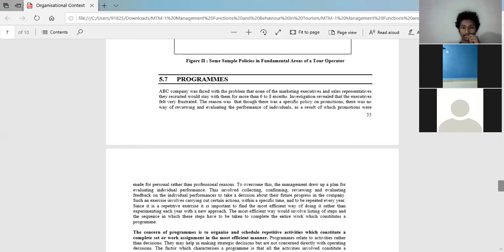You are understanding, right? These are the programs, because programs help in getting sales. When it is off-season, there are basically fewer tourists, so as a program, you can give an off-season discount. Okay, do you know what is off-season and on-season?